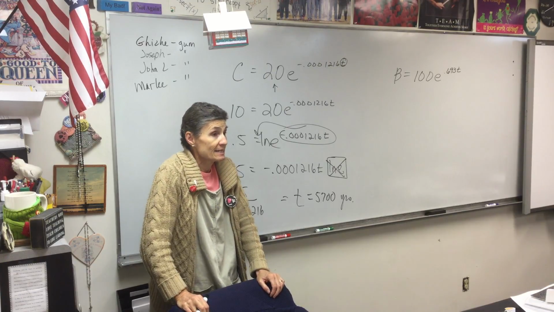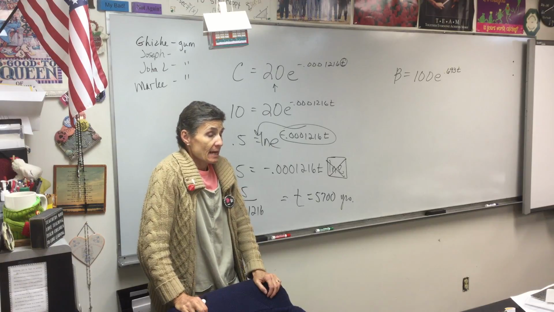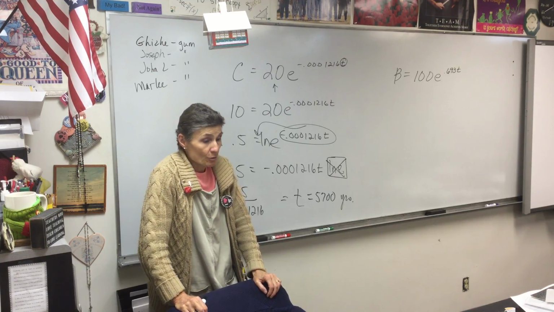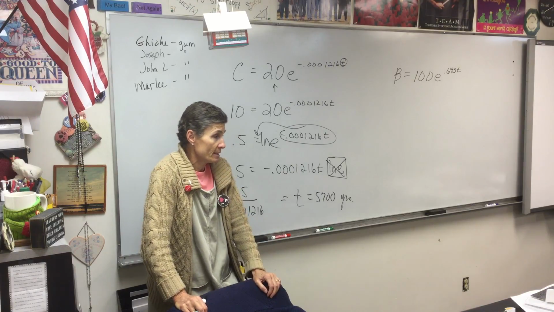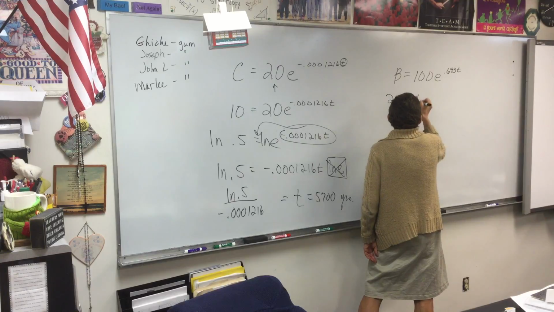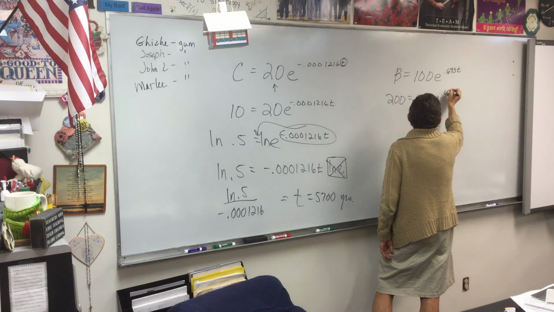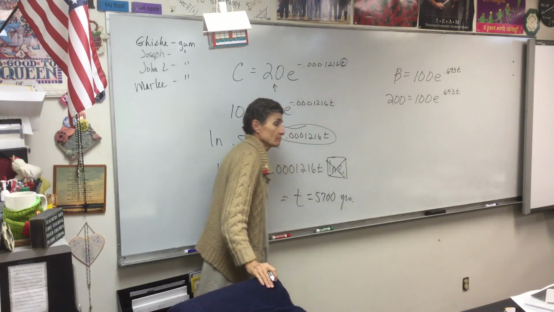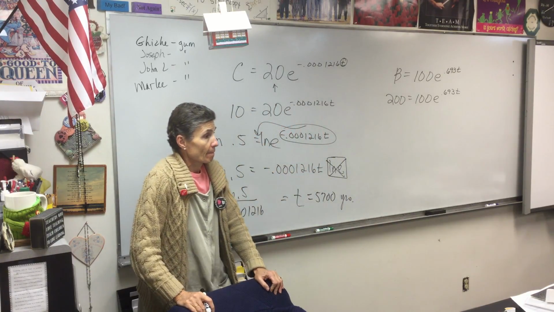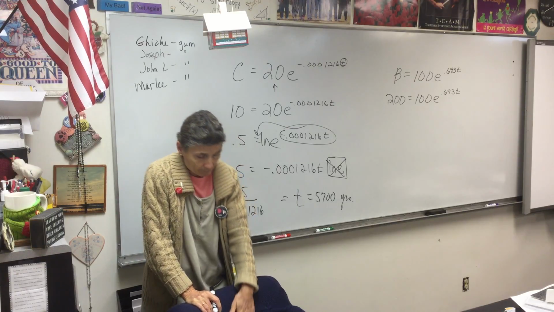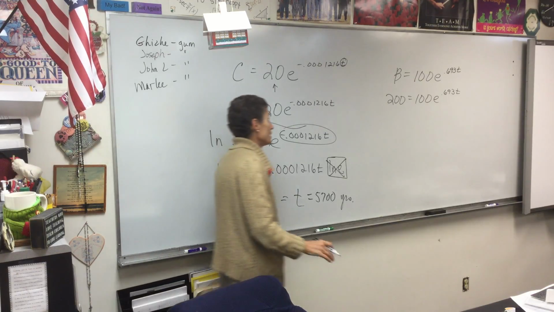So how long does it take to end up with 200 bacteria? Just put 200 for B. That's exactly right. We want to have 200 bacteria. What's step 1? Divide by 100.